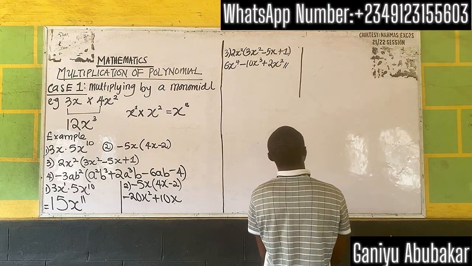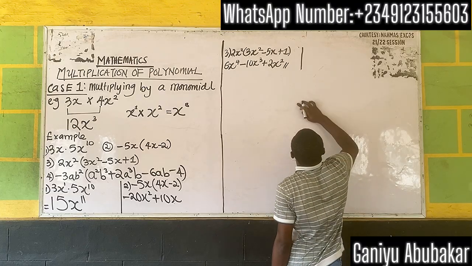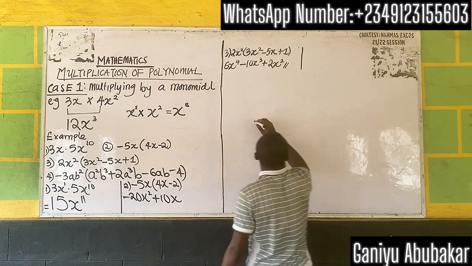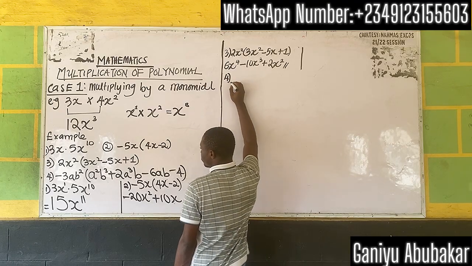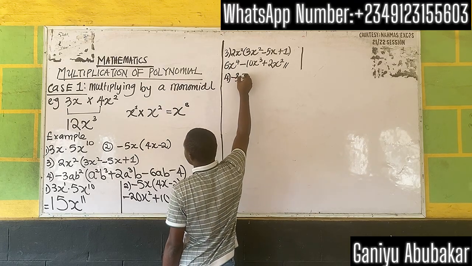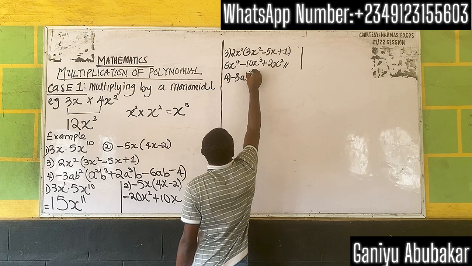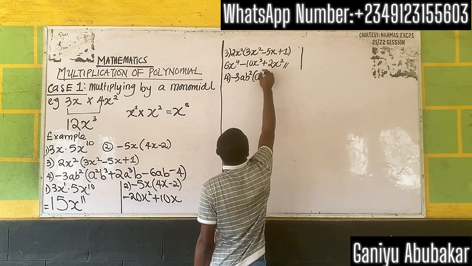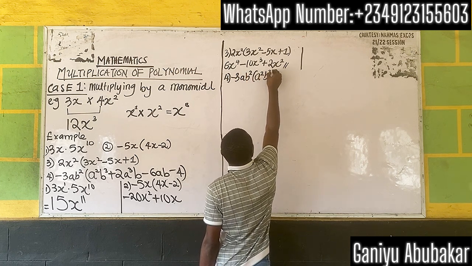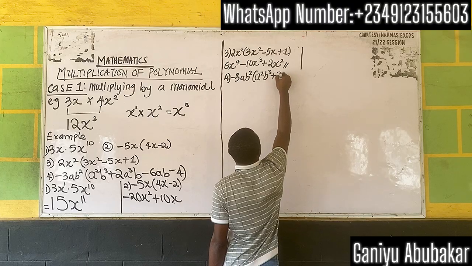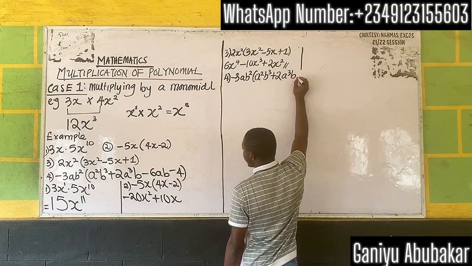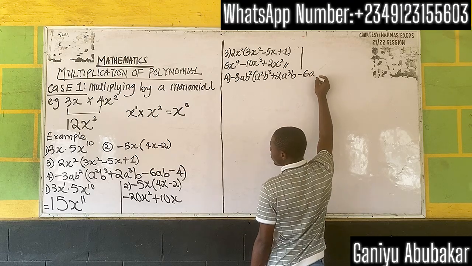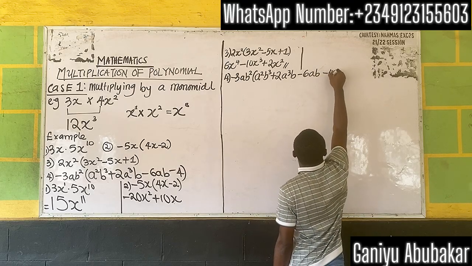Of course, number 4. For question 4, I have minus 3ab squared into a squared b cubed plus 2a cube b minus 6ab minus 4.